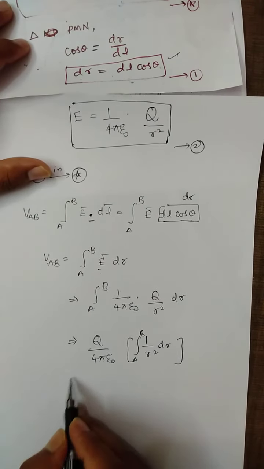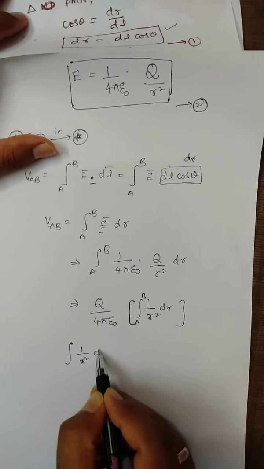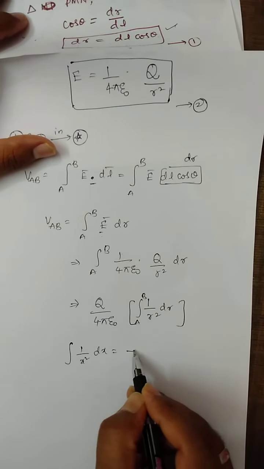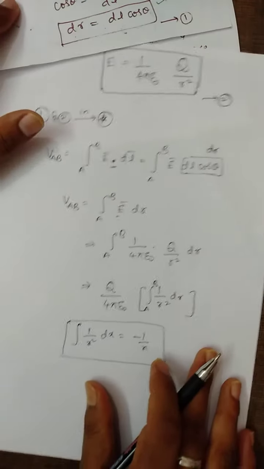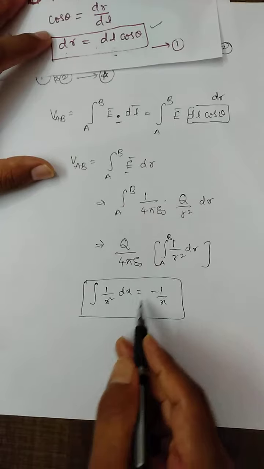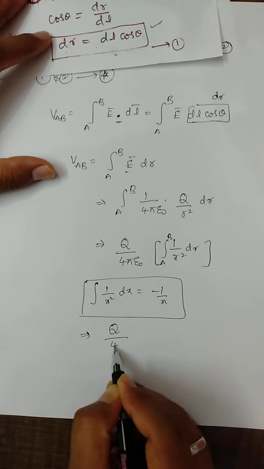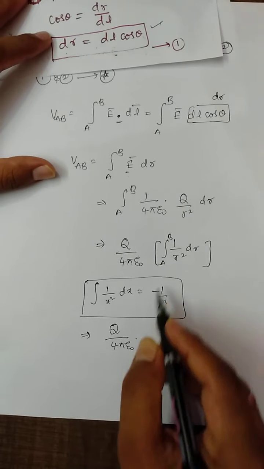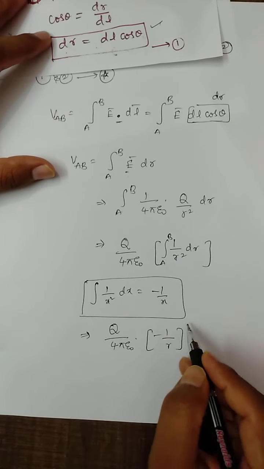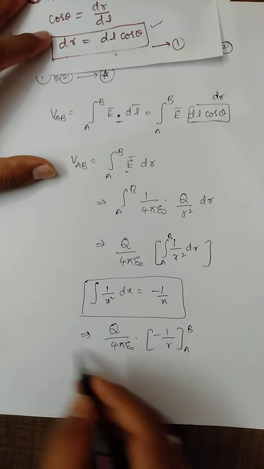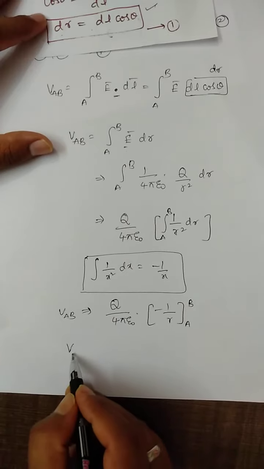You know already, if I integrate 1 divided by x square dx, what I get is minus 1 divided by x. This is a formula. Now if you substitute here, q divided by 4 pi epsilon naught, then 1 divided by r with the limits, and this is nothing but VAB, the electric potential difference.